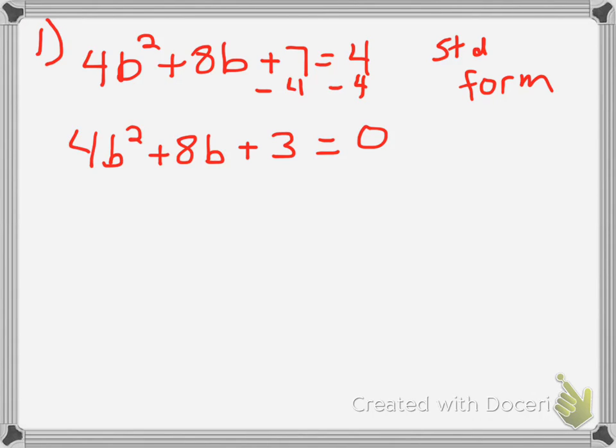And you have to go back to your rules of simplifying radicals, something we did earlier in the class. What I'm going to do next is label A, B, and C. All right? Well, A is 4. B is positive 8. I'm just going to write 8. And C is 3.